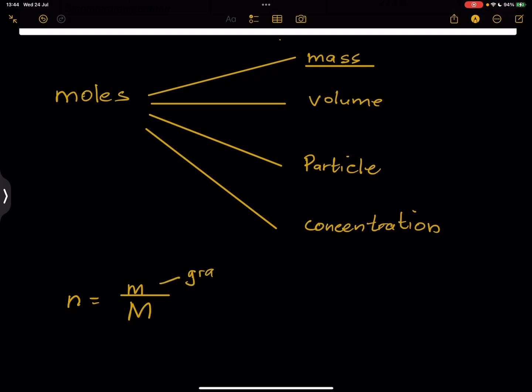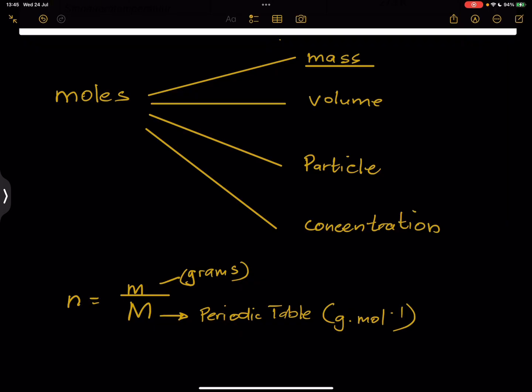And in this case, the molar mass, this we get from the periodic table, and it is given to us in grams per mole. So we actually work out the number of moles using mass divided by molar mass when we are given the mass.